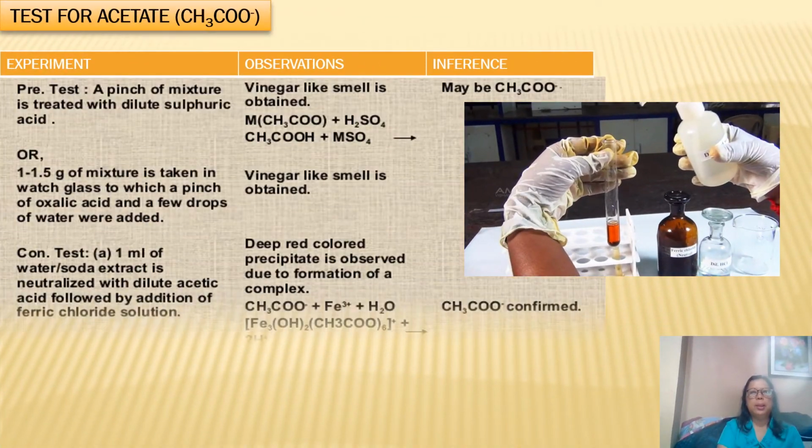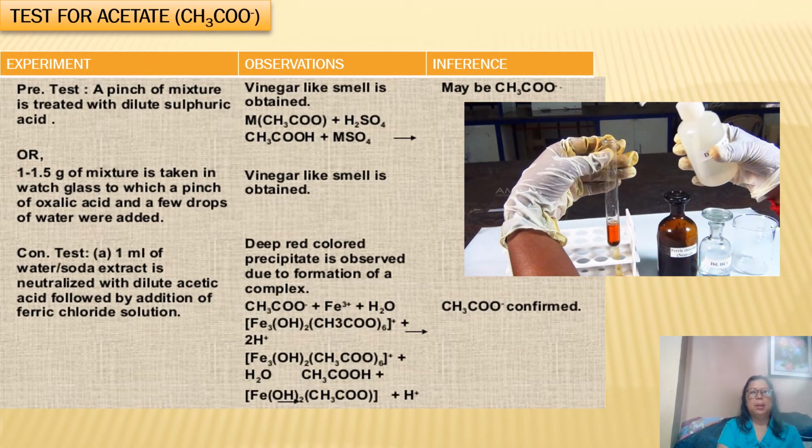So we have also another test for acetate. This is more popular for the test of the presence of vinegar. A pinch of the mixture is treated with sulfuric acid, or if the mixture is taken in a watch glass, you just simply add oxalic acid and a few drops of water.